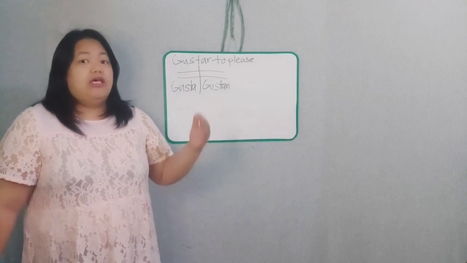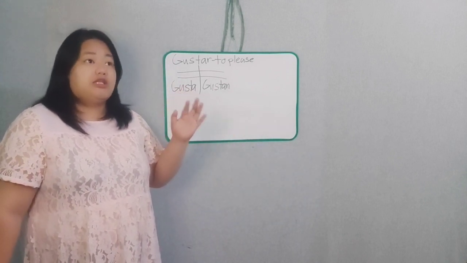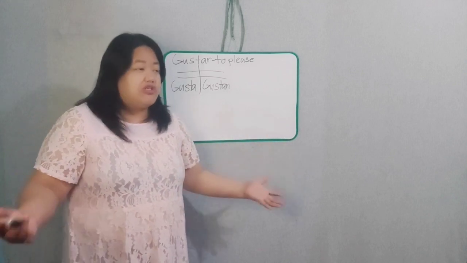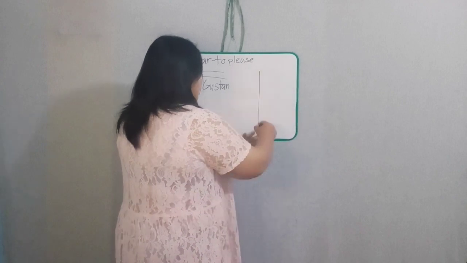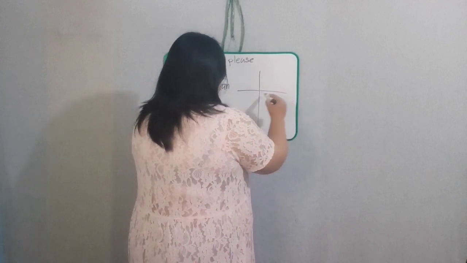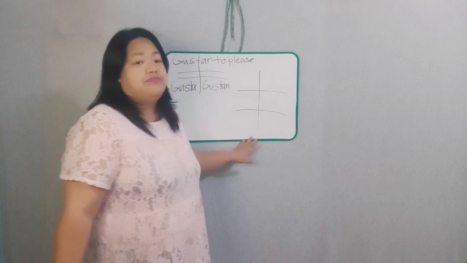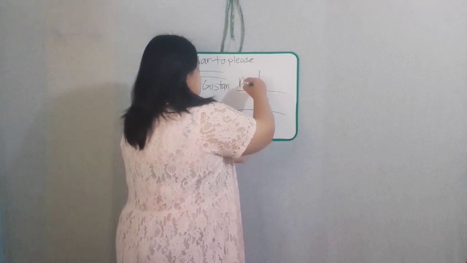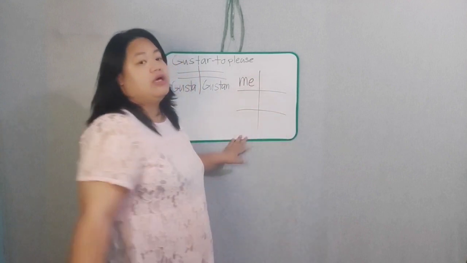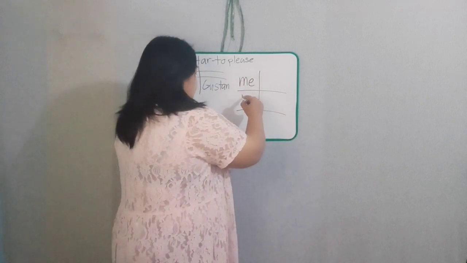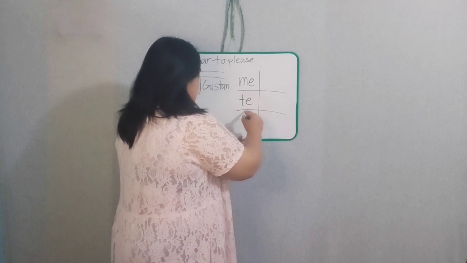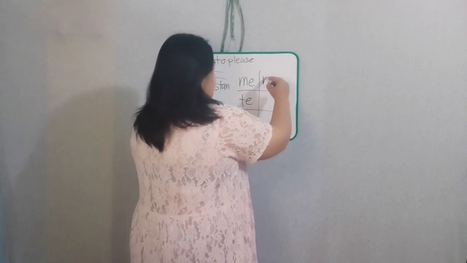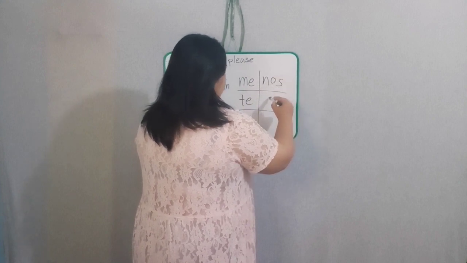And here come our indirect object pronouns, which I'm going to give you so that you can picture what is going on. So of course we have here our lines. In this yo form, it's me. This is te. This is le. Then we have nos, os.